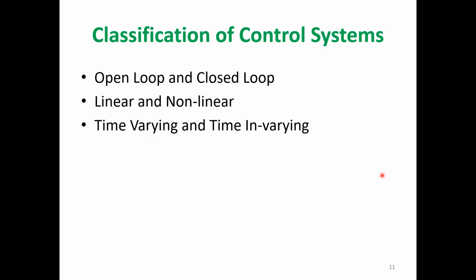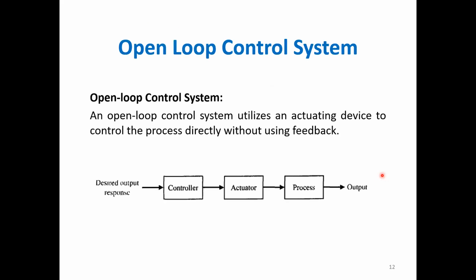Okay, sir. Now we'll see the open loop control system. An open loop control system utilizes an actuating device to control the process directly without using feedback.